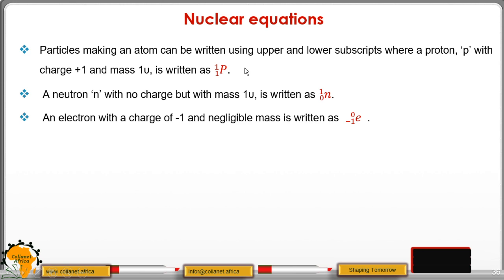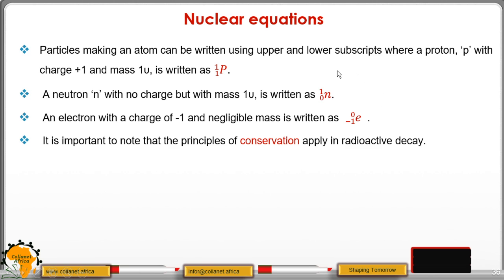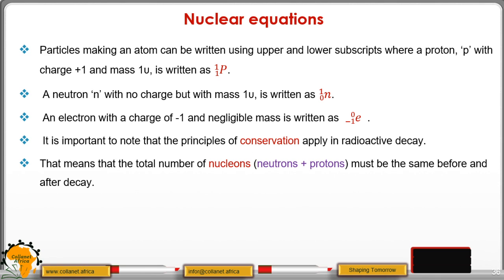Now these three will help us when we are writing nuclear equations, or the equations that are a result of nuclear radiations. It's also important to note that the principle of conservation is applied even in radioactive decay, which implies that the total number of nucleons, that is neutrons and protons, must be the same before and after the decay.